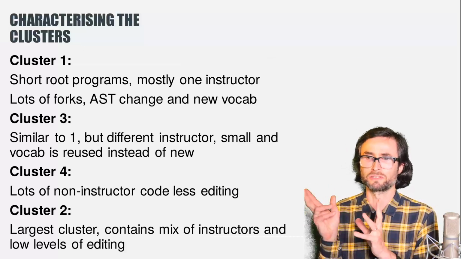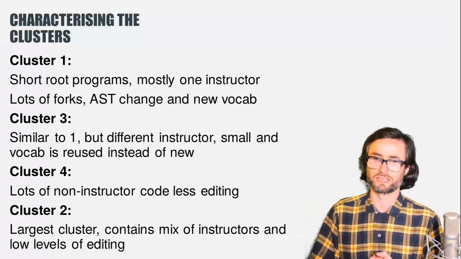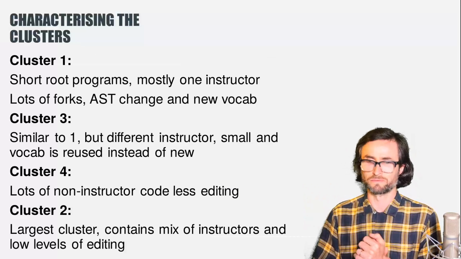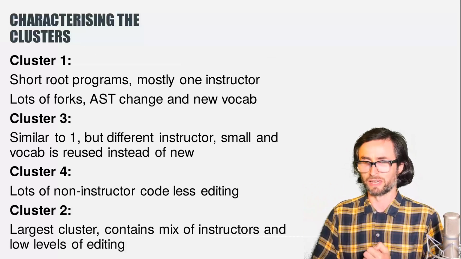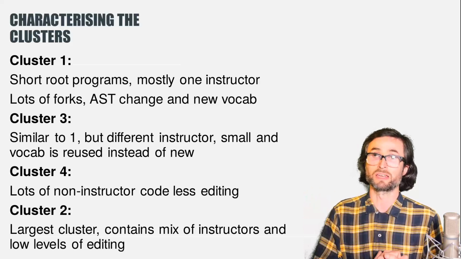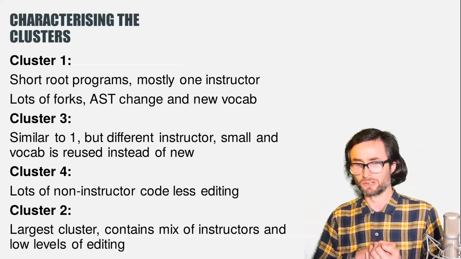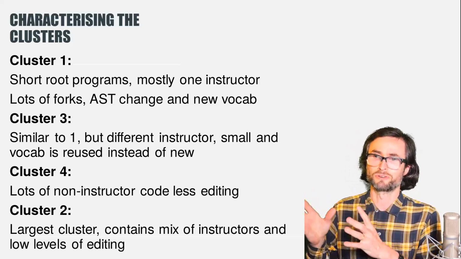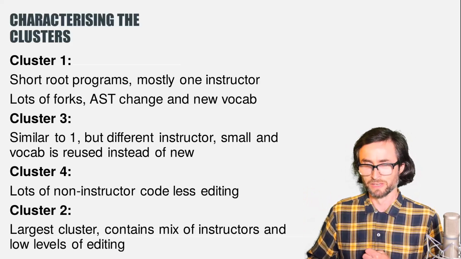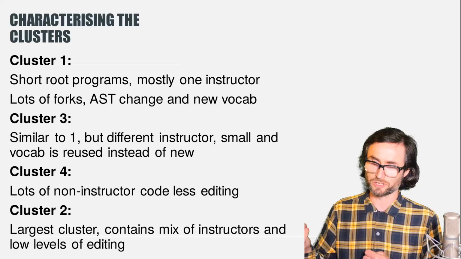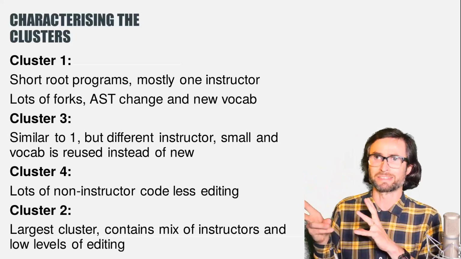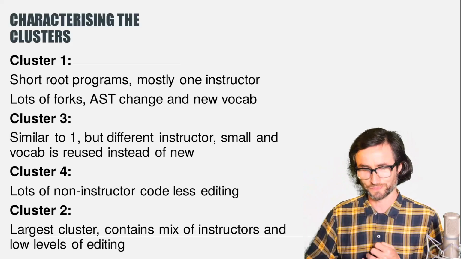Okay, so if I was to summarize that, I could say that cluster 1 had lots of short root programs, which were mostly written by the same instructor, and there were lots of forks and lots of AST change. That was the green one that we saw in the previous diagram. Then cluster 3 was similar to 1, but a slightly different pattern, and it had a different instructor.